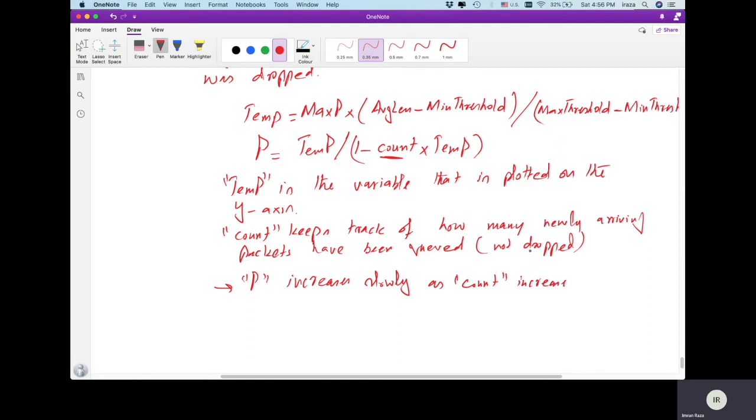Because the count represents how many newly arriving packets have been queued without a drop, right?